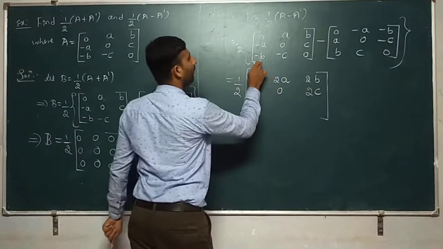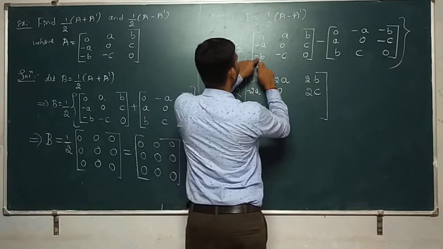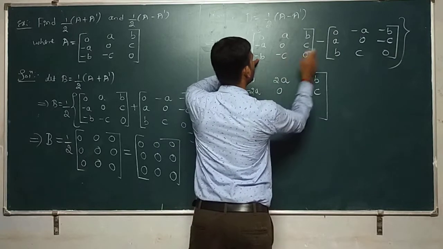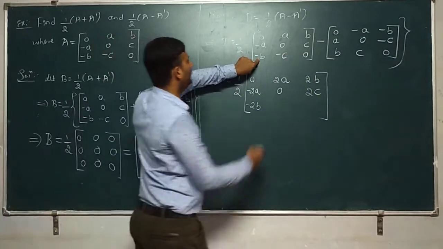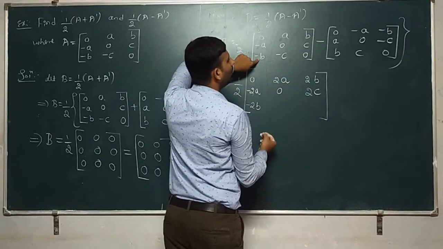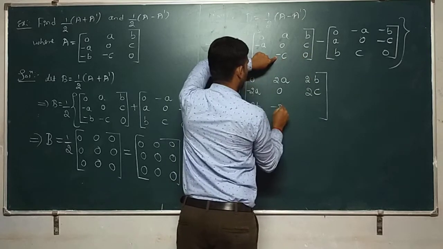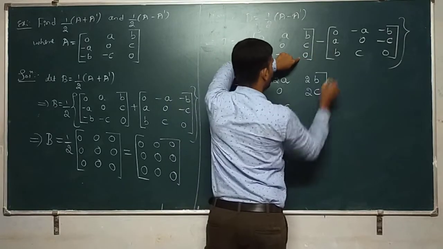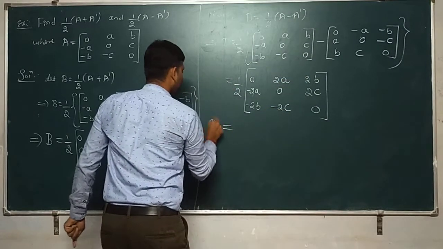Minus b minus b is minus 2b, minus c minus c is minus 2c, after that 0 minus 0 is 0.